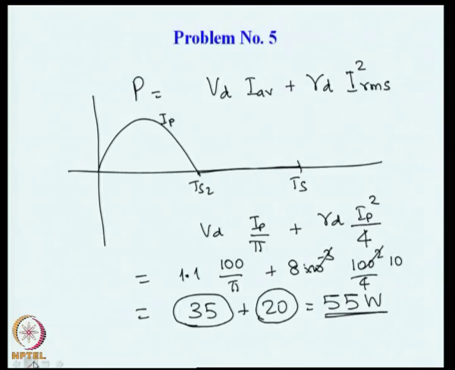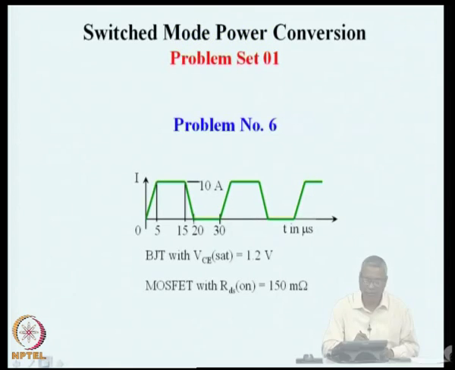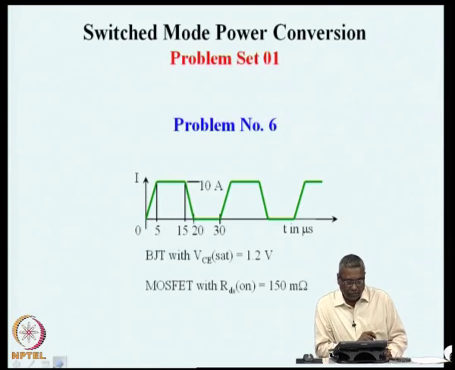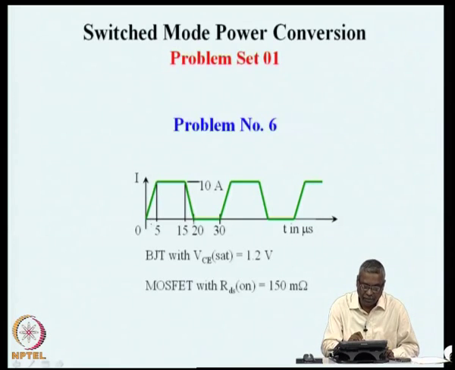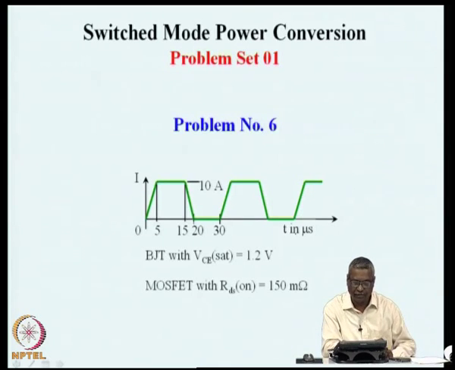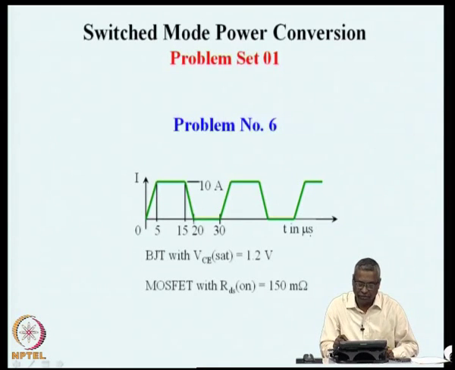Okay. Let us move on to the next problem. This is again a very similar question, but in this we have a current waveform which is a trapezoidal shape. What you see here is a trapezoidal shape of current. The time is shown in microseconds on the x axis.